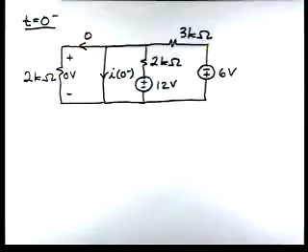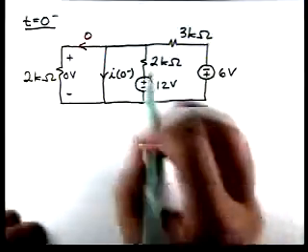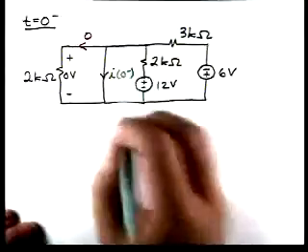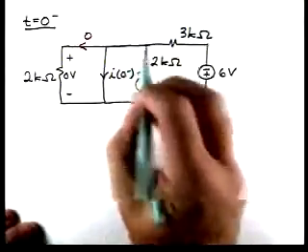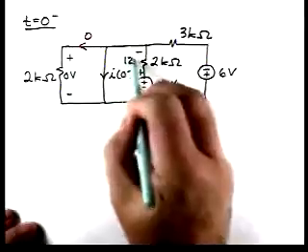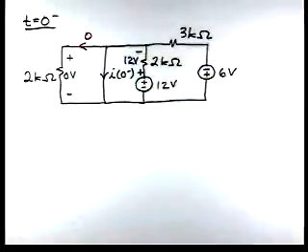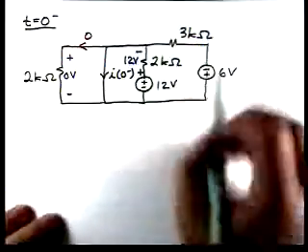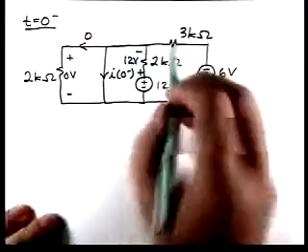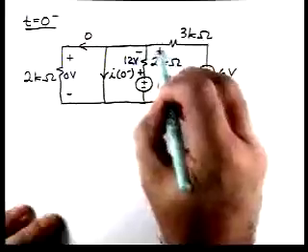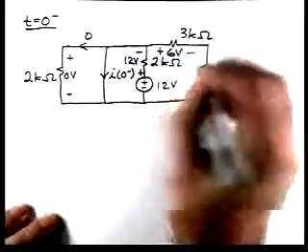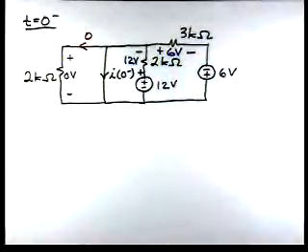If I apply KVL around this loop, there has to be 12 volts across that 2 kilo ohm resistor. And applying KVL around this loop means there's 6 volts across that resistor.